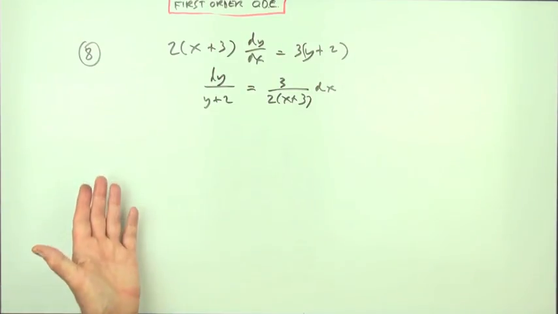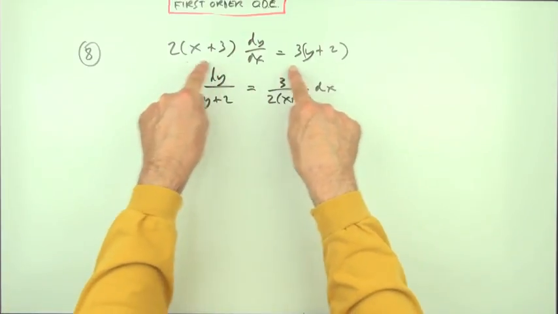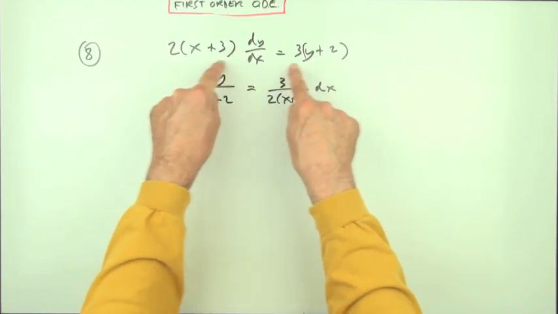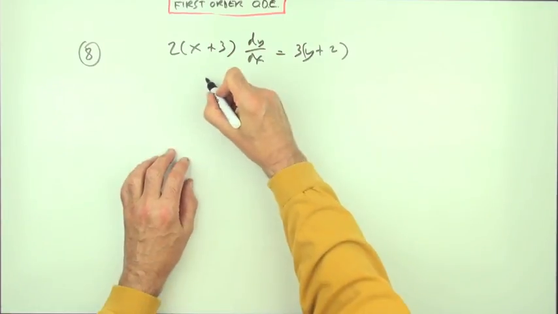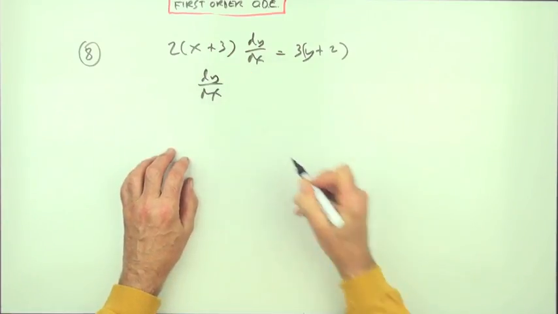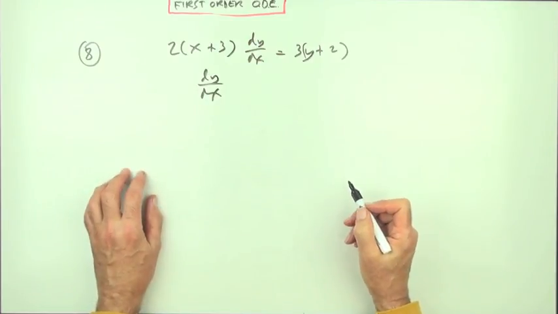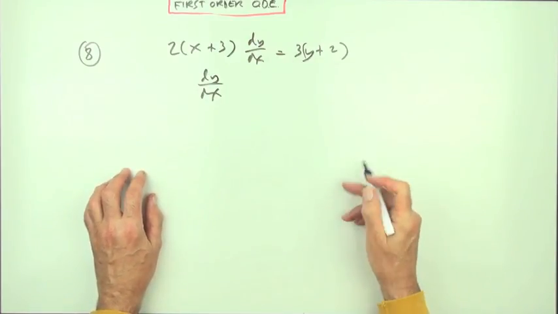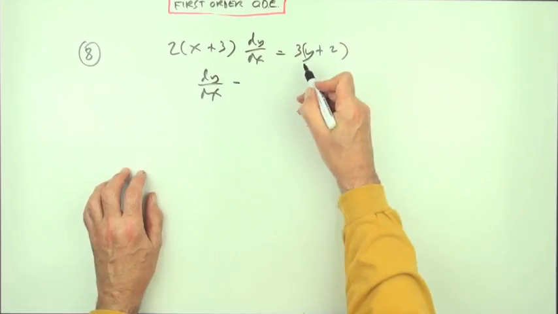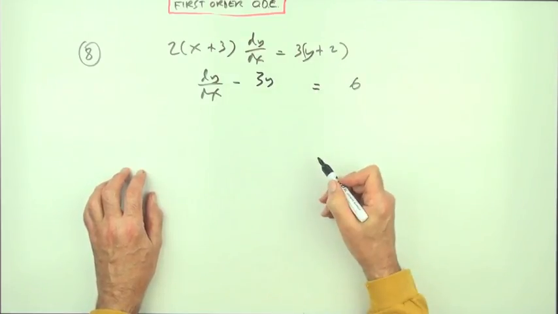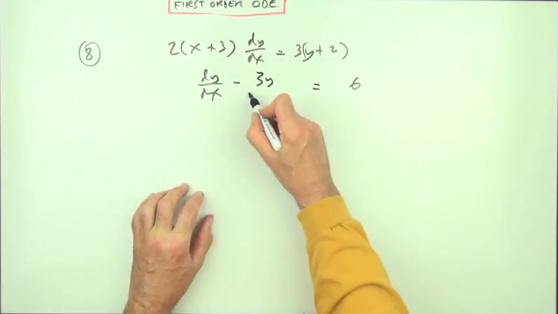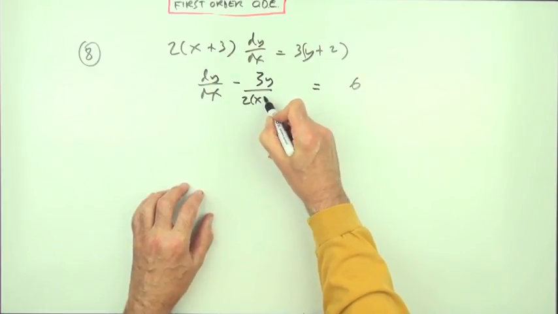You could use an integrating factor if you wanted, but it's just so obviously suitable for separation there. If you wanted to make it a linear equation, then you'd have to bring this over. So that would be a minus 3y. And that would leave a 6 over here. Then I'd have to divide by this over 2 times x plus 3.